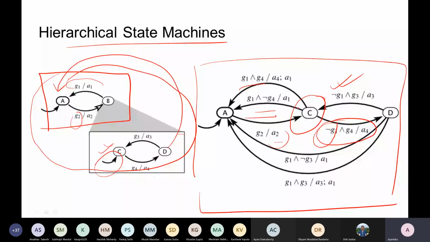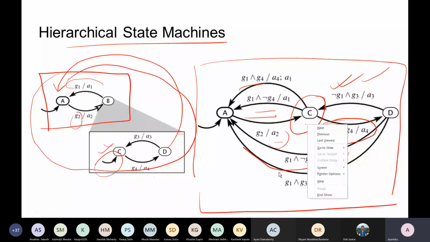Okay. So again not G1 for D to C, because if your FSM was in state D and at that time G3 is true and G1 is also true, at that time also you can see from D the transition will take place to A, not to C.